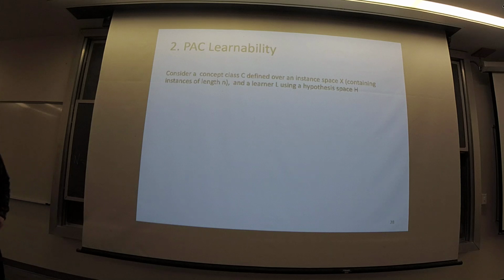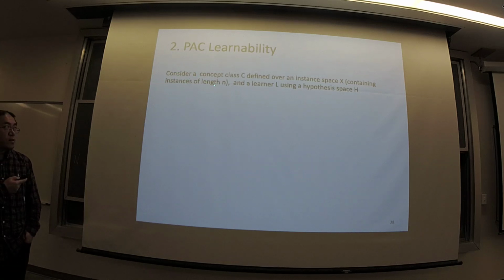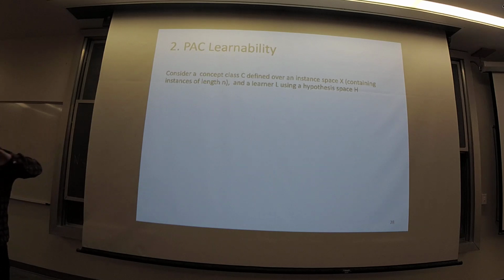So here's the definition. Let us consider a concept class C defined over an instance space X. The concept class C, as we mentioned before, is a type or family of target functions. The instance space consists of feature vectors of length n; each instance is represented by an n-dimensional feature vector.